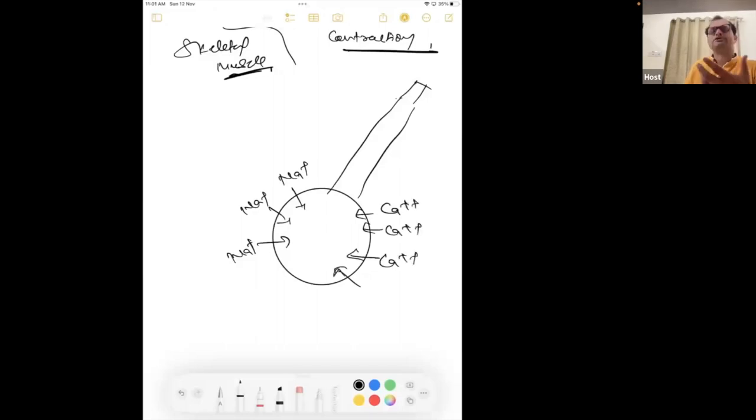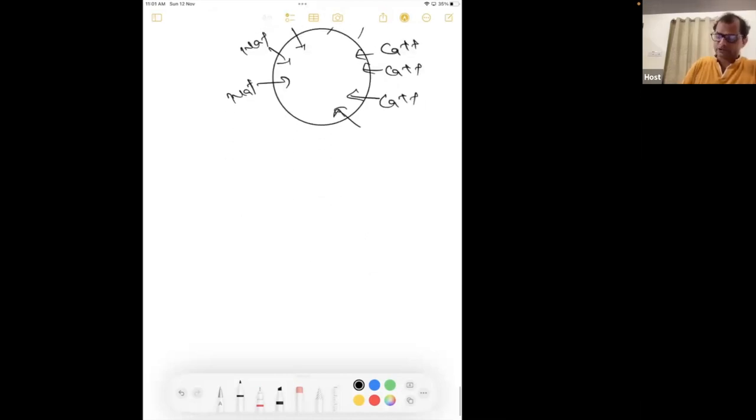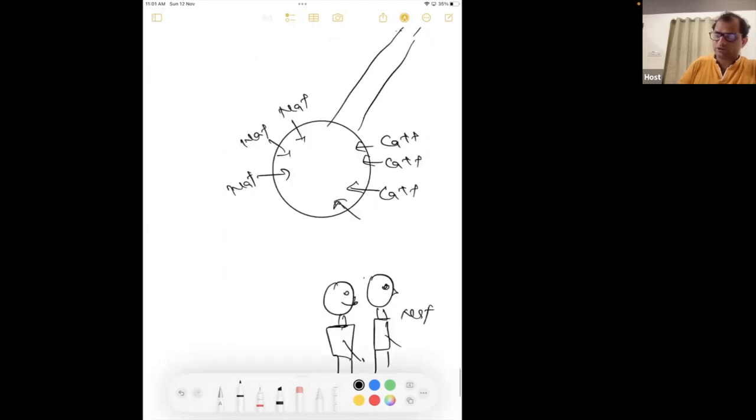Sodium is the leader, like someone entering first in the line, and in the queue there is calcium, right? So this is the sodium and this is the calcium. Calcium is very important because the next process will happen due to calcium.